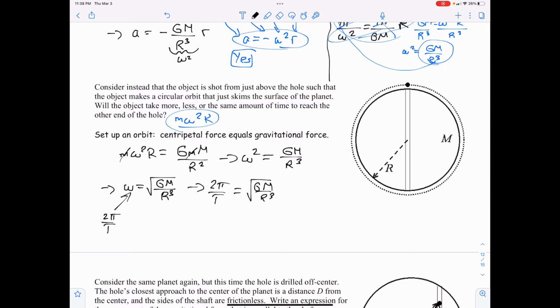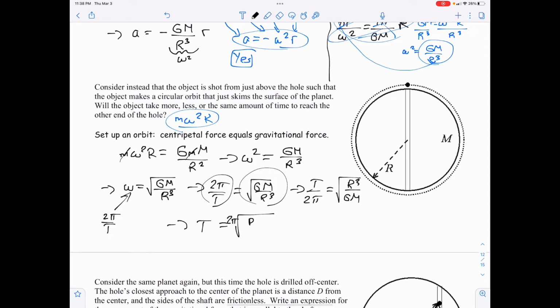I'm going to take the reciprocal and flip both sides, so T over 2 pi equals the square root of r cubed over GM. Then the last step, multiply by 2 pi. So this is our relationship.